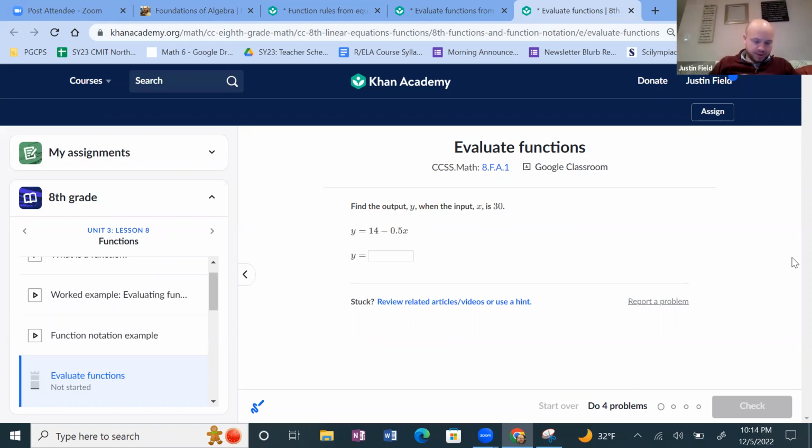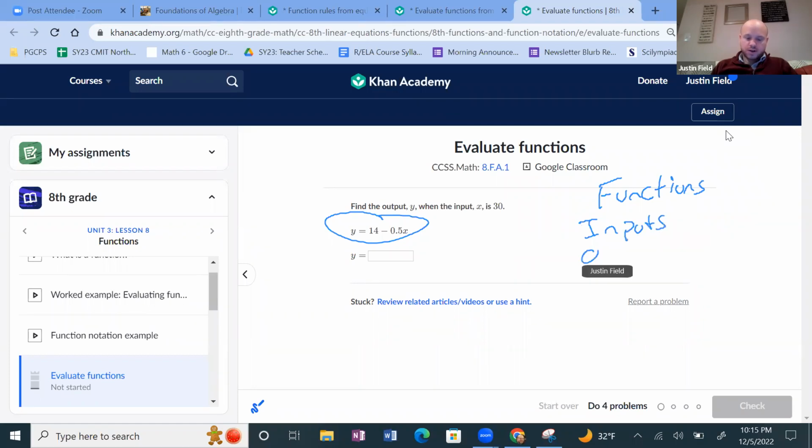Ta-da, we have that function there. When we talk about functions, we have inputs and outputs.